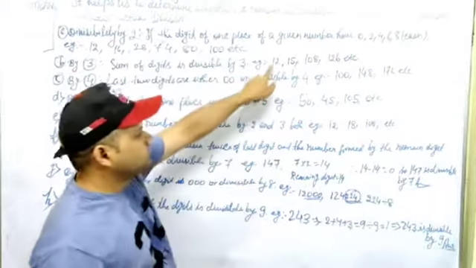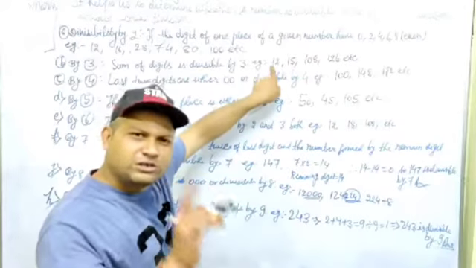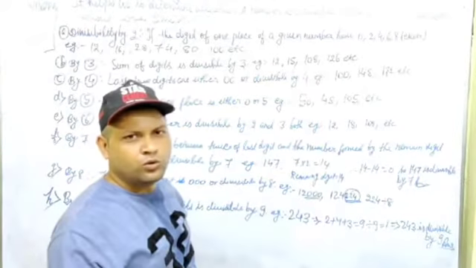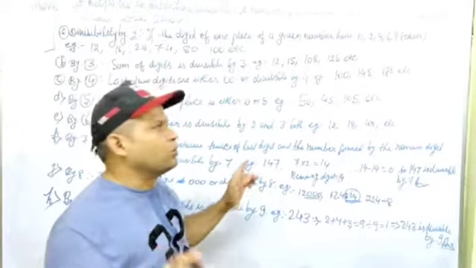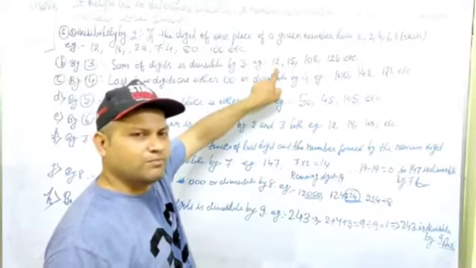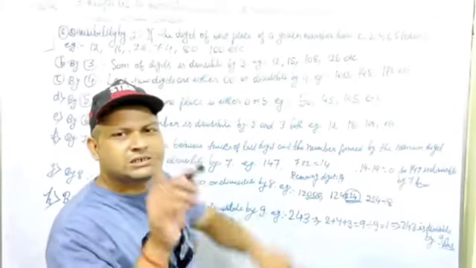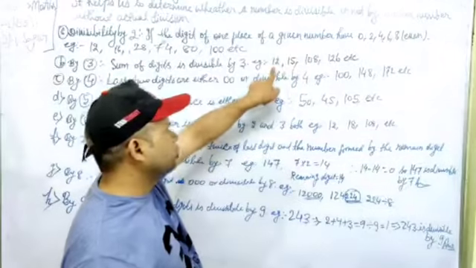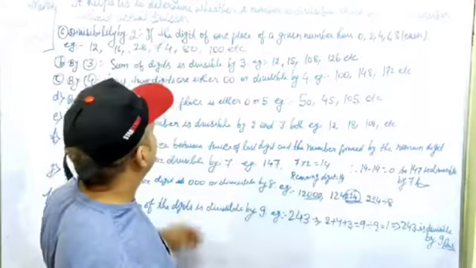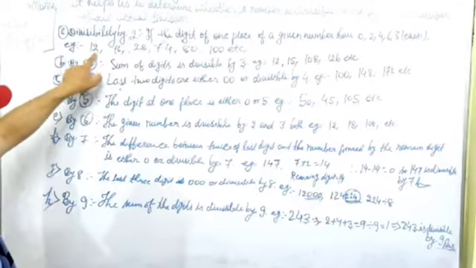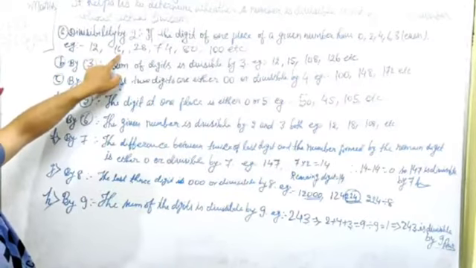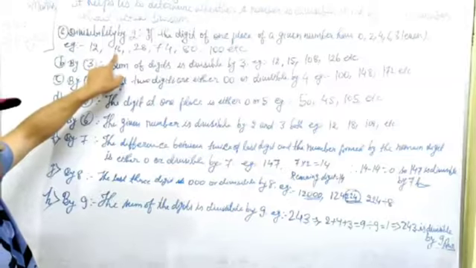For example, 12. Without division we can say that 12 is divisible by 2. I am only looking at whether the digit at the one's place of the given number 12 is even or not. So 12 is divisible by 2. Here the one's digit is 6, that's why 16 is also divisible by 2.